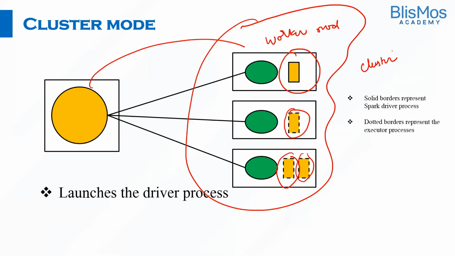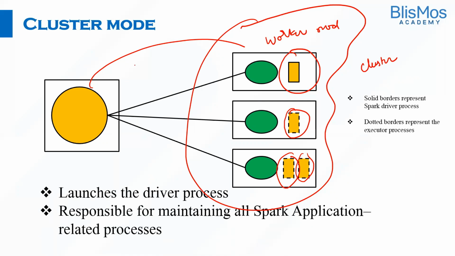So that way, since the cluster manager has launched the Spark driver process and also the executors within the cluster, the cluster manager is responsible for maintaining both the Spark driver process and also the executor processes.